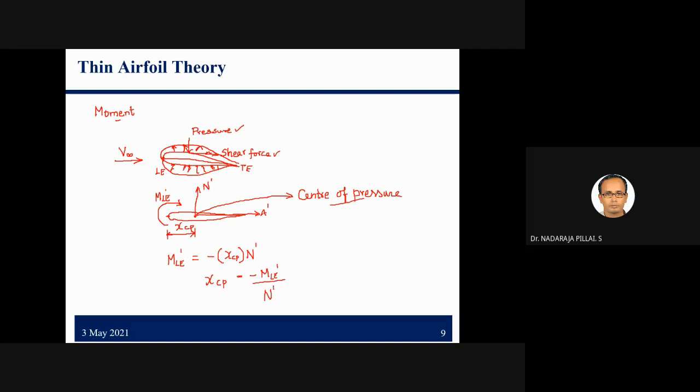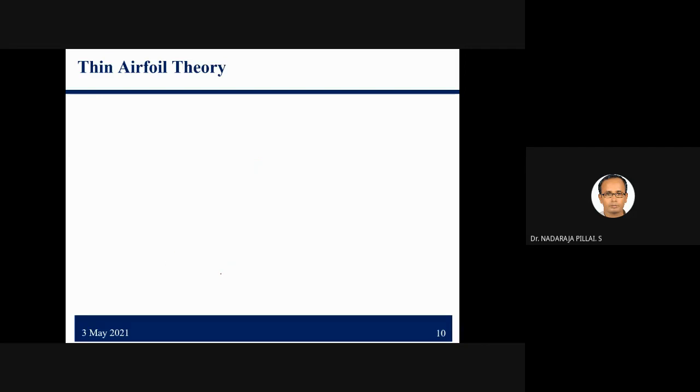If the moments were taken about the center of pressure, the integrated effect of the distributed load should be zero. Say I will draw that situation.